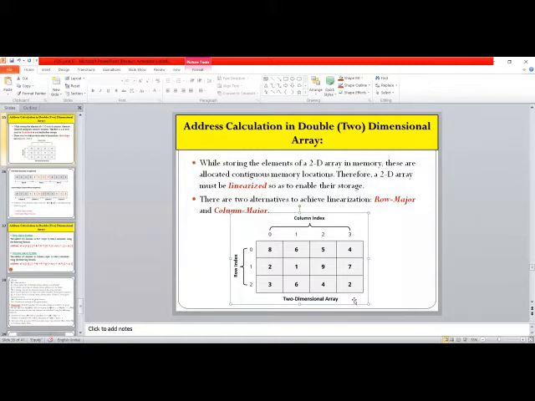Now, one thing is very important here: even though we are thinking that the elements are stored like this, the actual elements are never stored in this fashion. Whether it is a one-dimensional array or a two-dimensional array, the elements are always stored in continuous memory locations in a single dimension only.